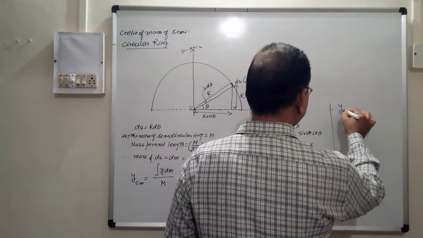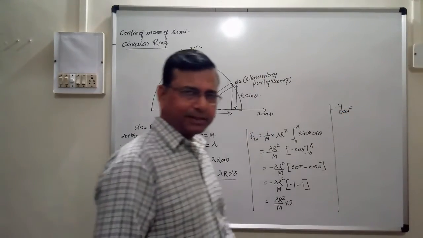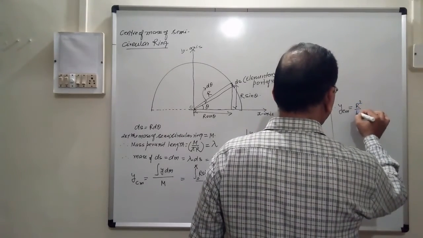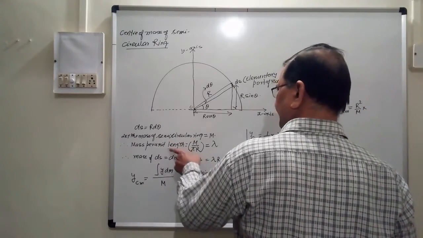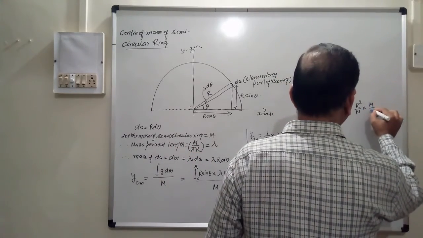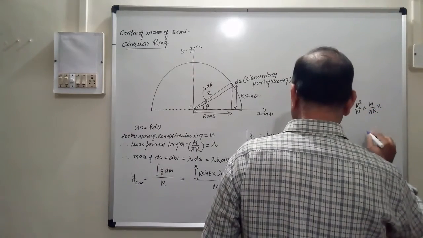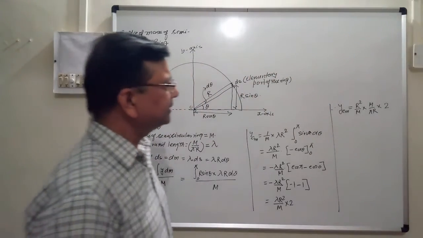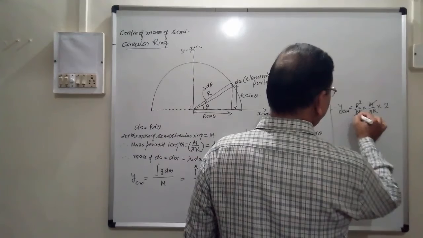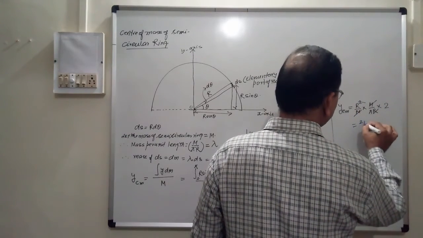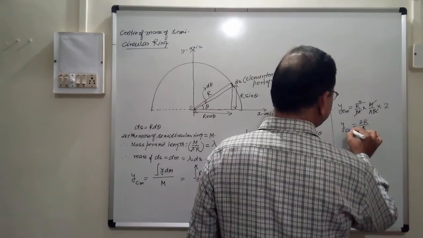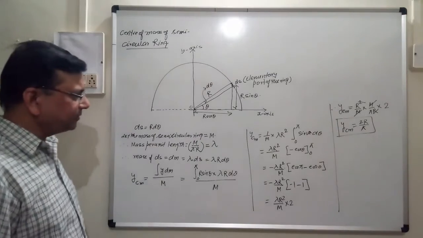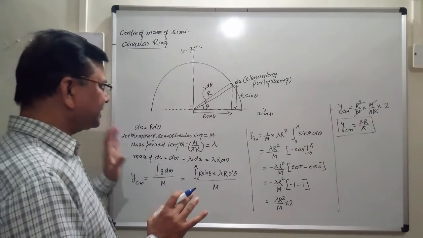Therefore, y CM, the y coordinate of the center of mass, will be r square upon M into M upon pi r into 2. To simplify, M and M will go, r and r will go, so y center of mass is 2r upon pi. If we find the x center of mass, we will find that it will be 0.